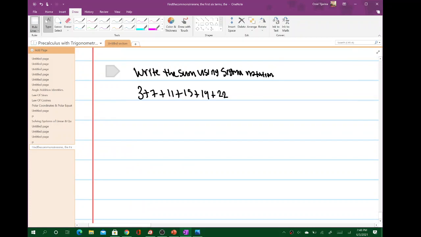Okay, so this is another one. Also, another thing they want you to know in Precalculus is how to write a sum using sigma notation. That is exactly what we were doing in this notation, right?